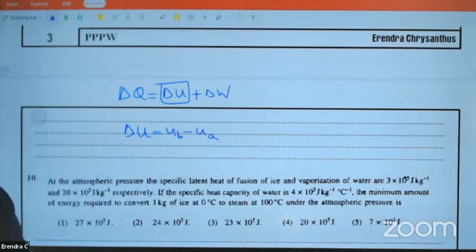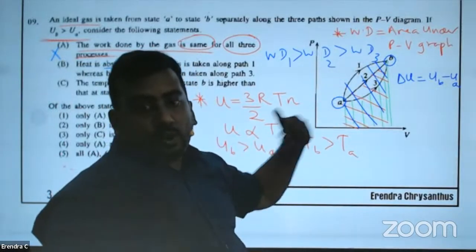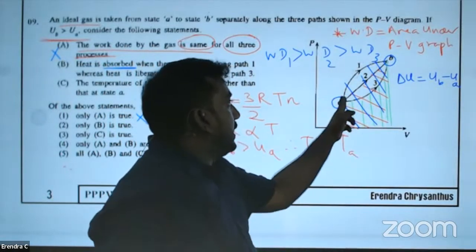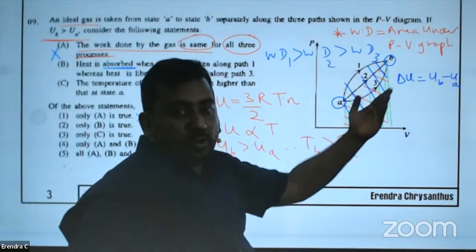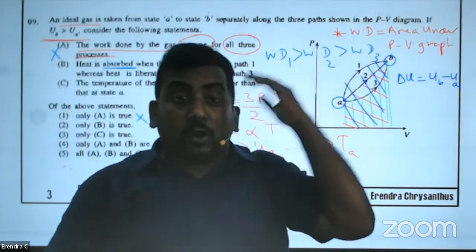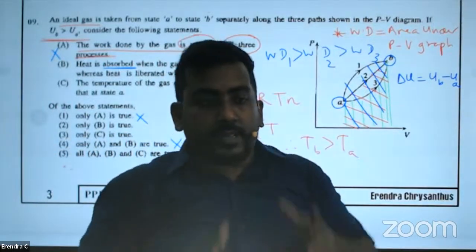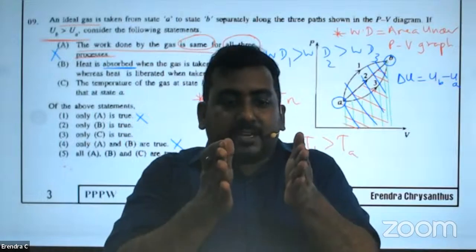Right. Now look at this. Here expansion. Volume is increasing. Second one was expansion. Volume is increasing. Third one was expansion. Volume is increasing. Volume increasing means work is pushing out. Imagine a piston cylinder.